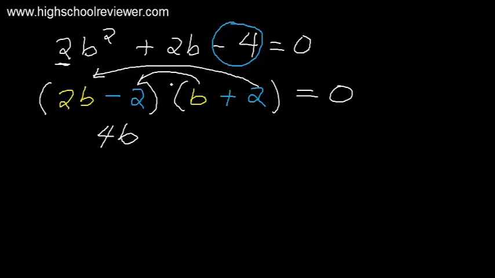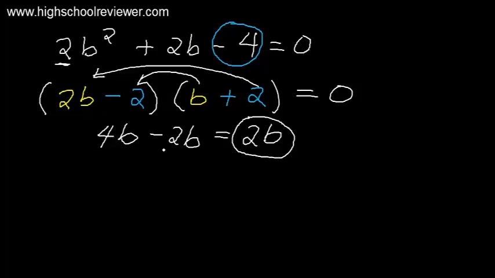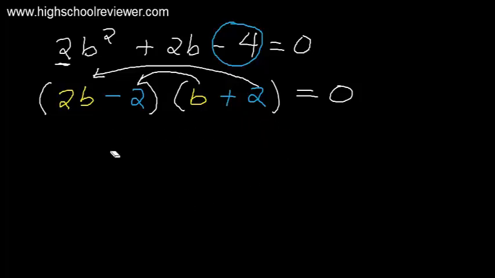And then b multiplied by negative 2, that is negative 2b. So 4b minus 2b is equal to positive 2b. Now, since our 2b here is equal to positive 2b, we can say that these are now the correct factors. So we can now proceed to solving the values of b.